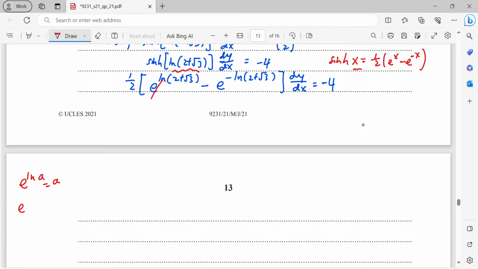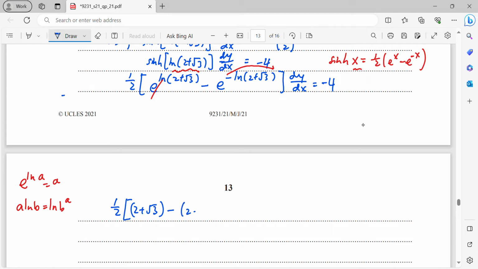Let's say a ln b is ln b to the power a. So this negative will be brought up and becomes the degree of 2 plus square root 3. Then the e and ln can be cancelled off. So with this, I will get half of 2 plus square root 3 minus, okay, degree negative 1.